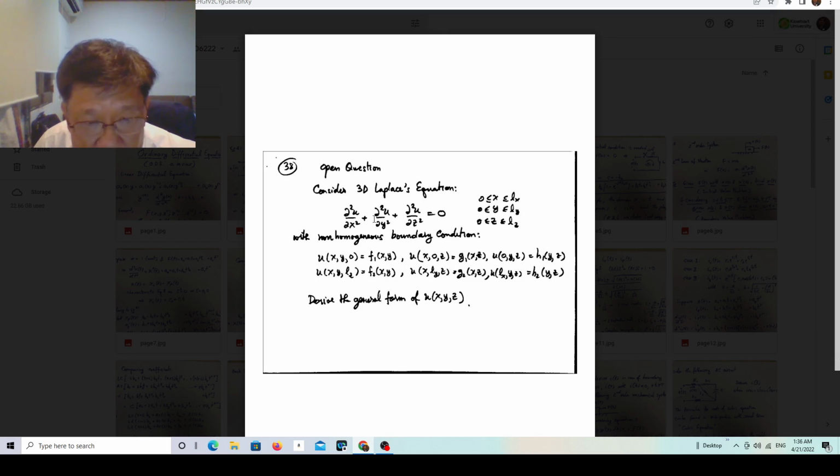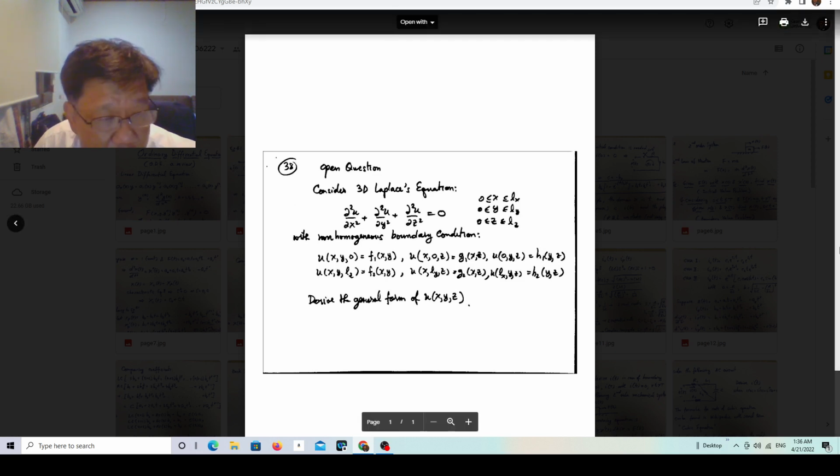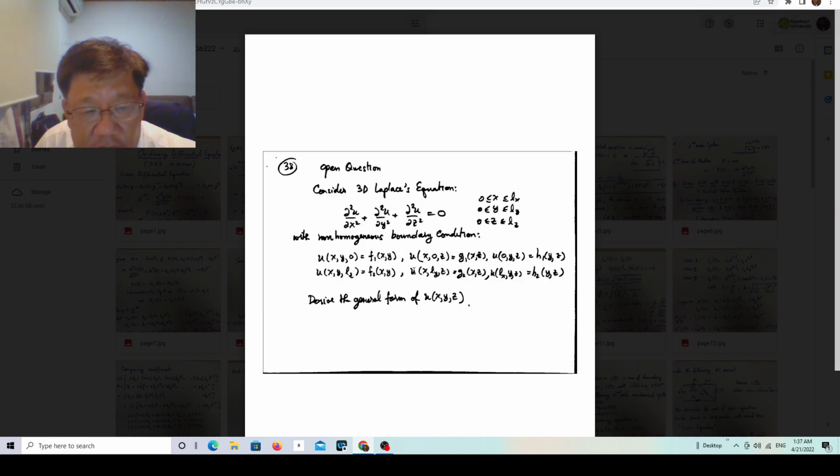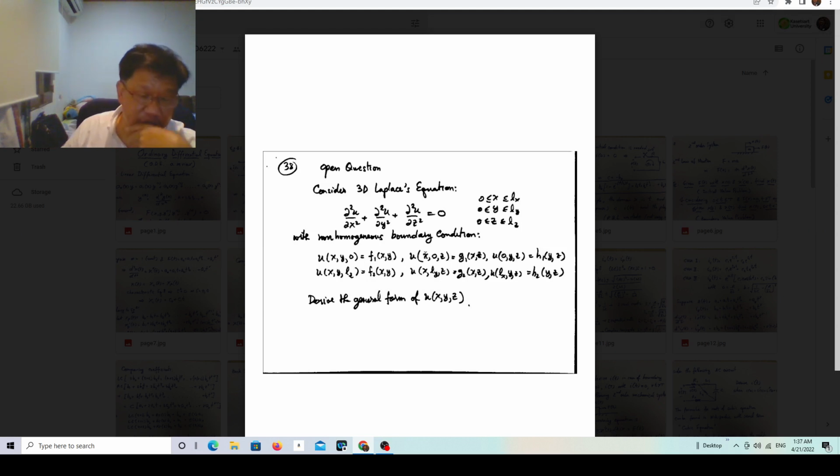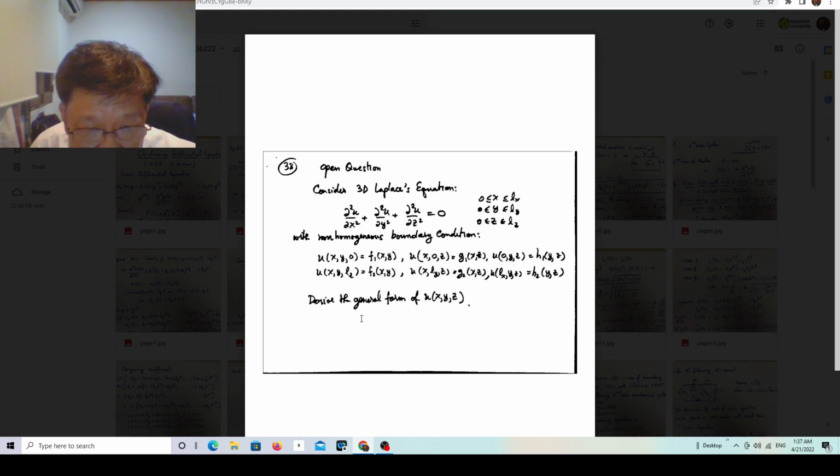If we extend that analysis to three dimensions, but in the general form of an inhomogeneous function for the boundary condition, I want you, once you have learned this from the two-dimensional case, to extend it to the three-dimensional Laplace equation, which is certainly going to relate to the double Fourier series formula. If you watch the clips for partial differential equations, the four clips, again and again, you can see that these tutorial clips are just an extension of a similar analysis that you have done, but extended to a higher dimension or a slightly more complicated boundary condition.